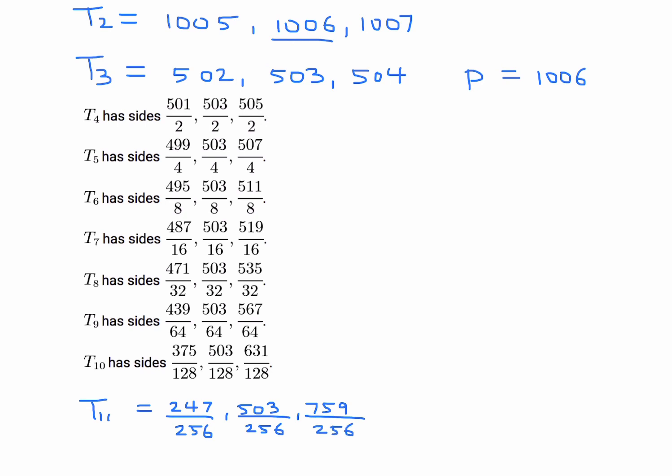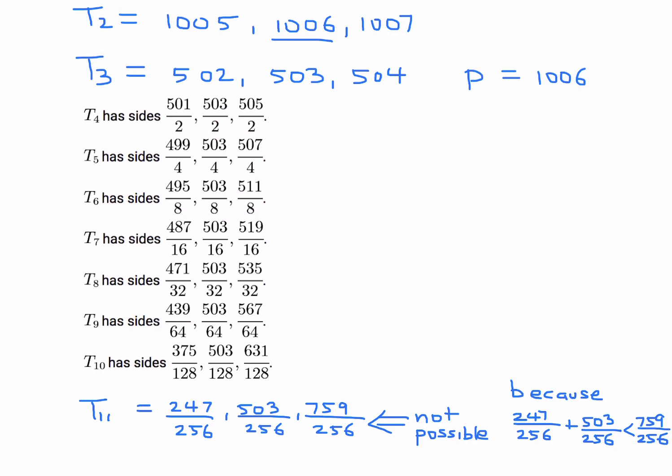And this is not possible because the triangle inequality does not stand up. Two sides would have to add up to be greater than the third, and in this case it's less than. So this is the last triangle that actually works with the triangle inequality.